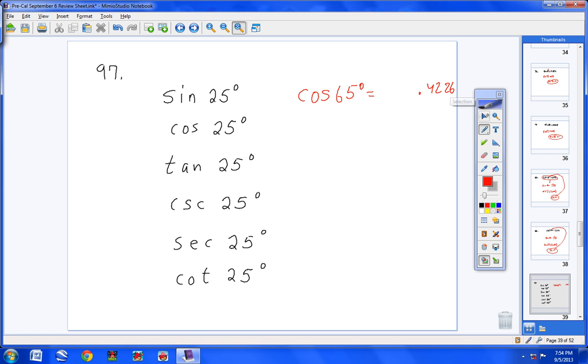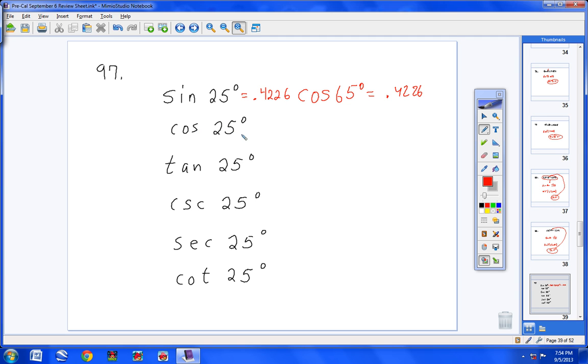I'm not sure why I'm way over there. Pull that back over real quick where it's supposed to be. There we go. Now, remember what I said. If you have sine and cosine, and both degrees add up to 90, then the answers will be the same. So the answer to the sine of 25 is 0.4226.